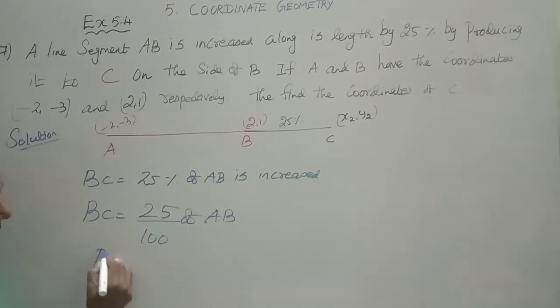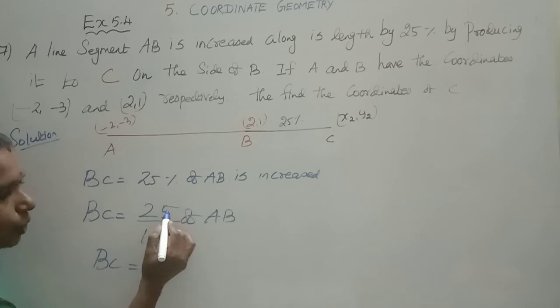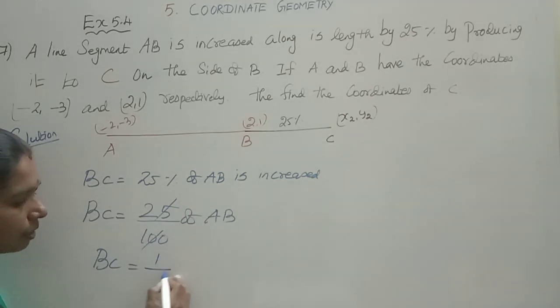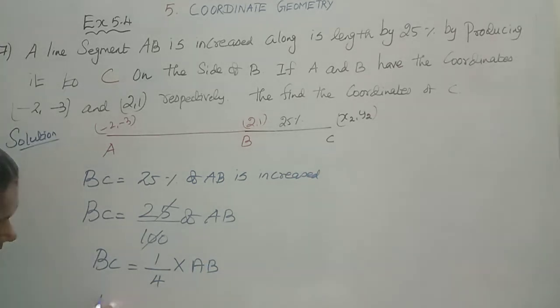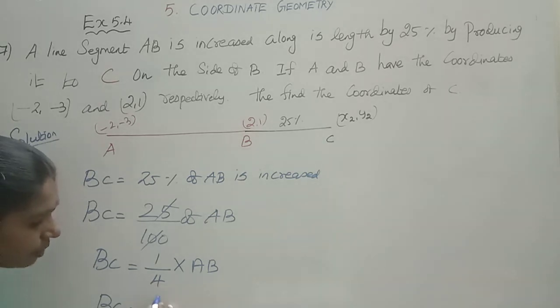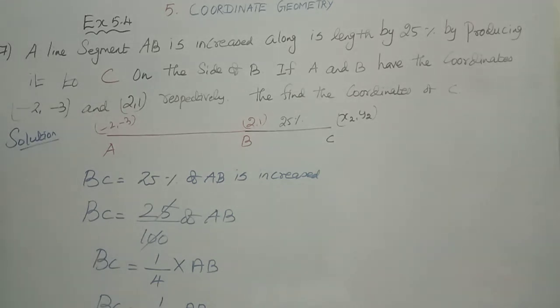So BC is equal to 25 by 100, that is 1 by 4 of AB. Of means multiplication. So BC equal to 1/4 of AB.